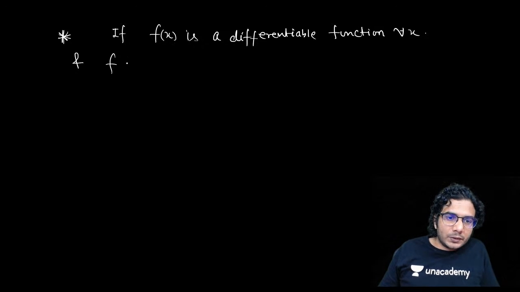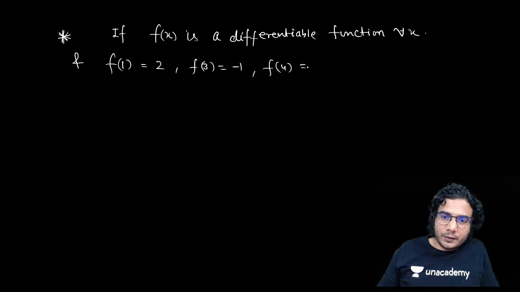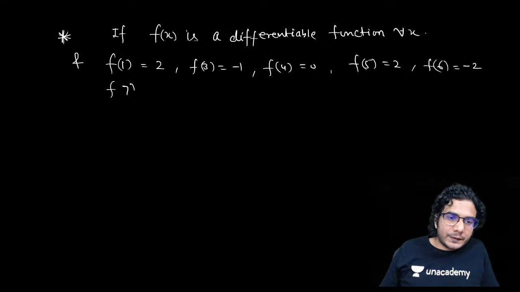Differentiable means continuous also. f of 1 is equal to 2, f of 3 is equal to -1, f of 4 is equal to 0, f of 5 is equal to 2, f of 6 is equal to -2, and f of 7 is equal to 0 again.